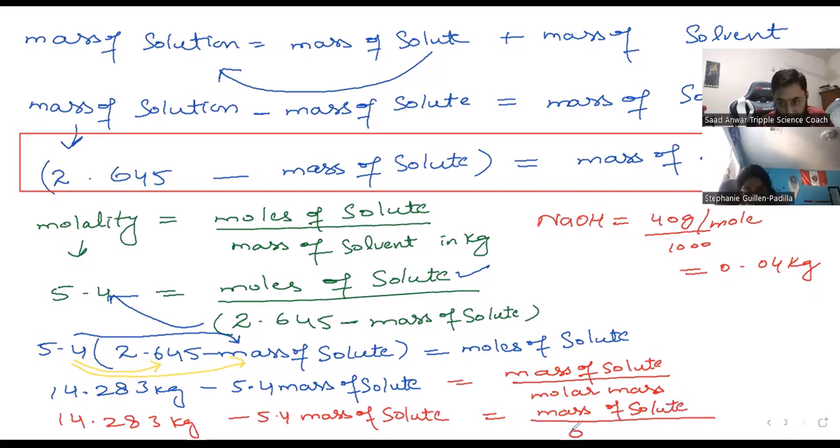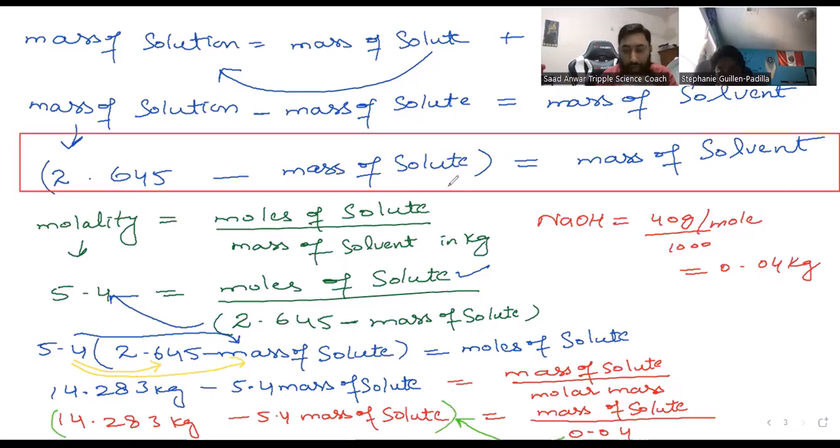Molar mass is 0.04. So now, just bring this factor to that side. When 0.04 goes to that side, it would also multiply with it.